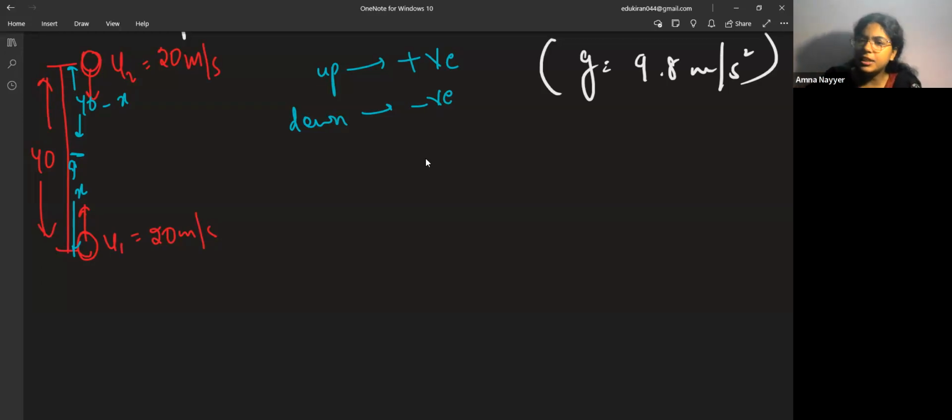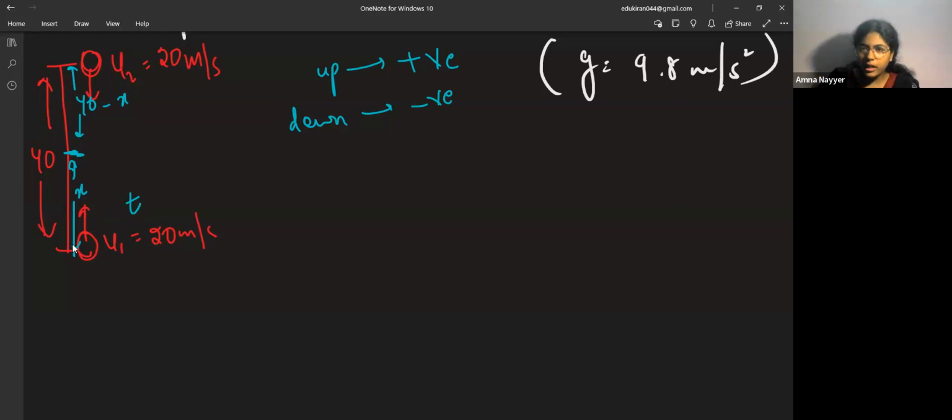Now, see one thing. We have discussed the initial velocity, 20 meters per second, 20 meters per second. We have discussed the displacement they'll be covering. One is covering X, another is covering 40 minus X. If the time taken for this ball to come here is, let's say, T, what would be the time taken by this ball to come to this point, where they'll collide?